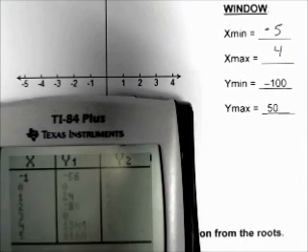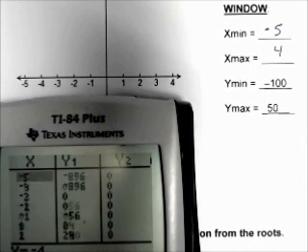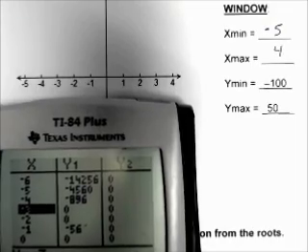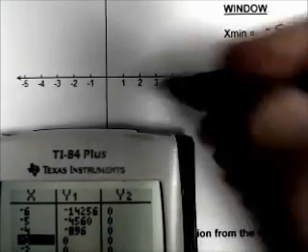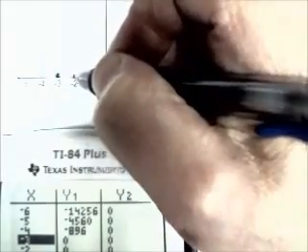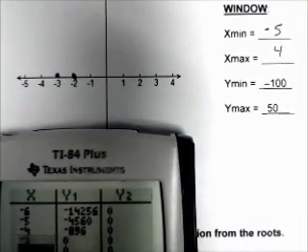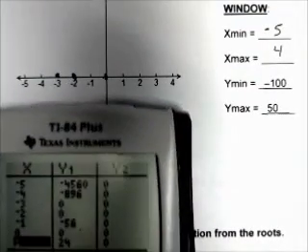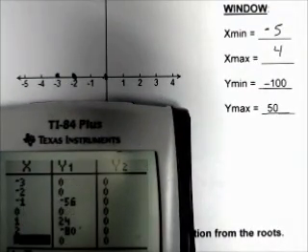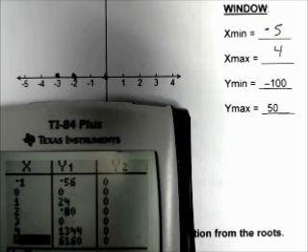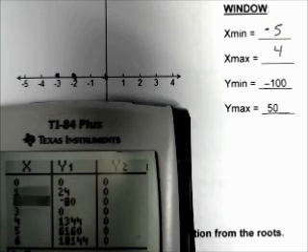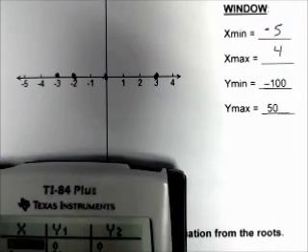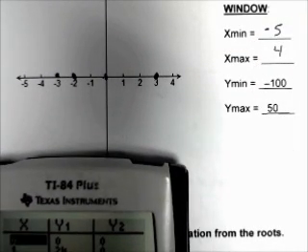I'll check the table first. Okay, so -3, 0, -2, 0, 0, 0, 3, 0, and I believe that's it. So that's 4 of the 5.